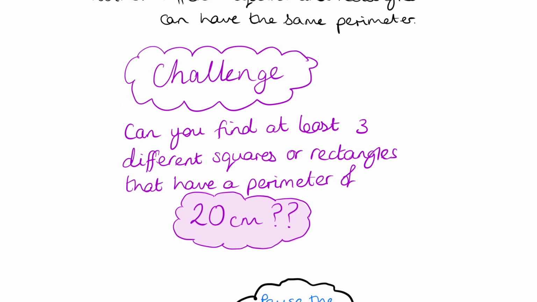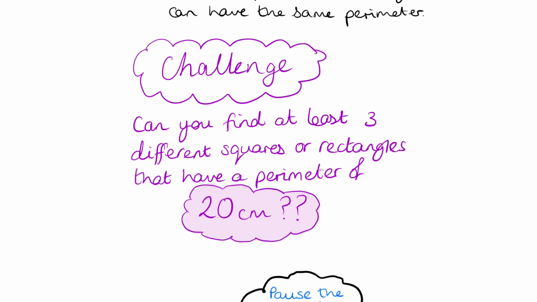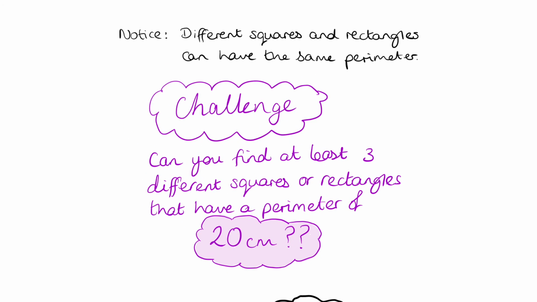Okay, so you're looking for a square or a rectangle that when you add up all the lengths of all the sides, you get 20 centimetres. Okay, so you'll have to think about that one for a little while because it's not that easy. But if you try drawing different ones out, that'll probably help you. Okay, so remember 20 has to be the distance all the way around the outside of the shape.